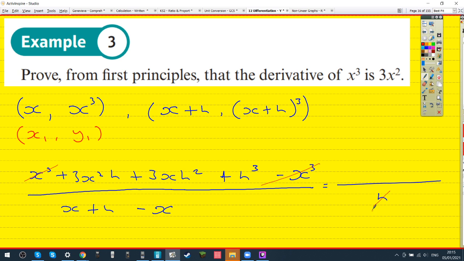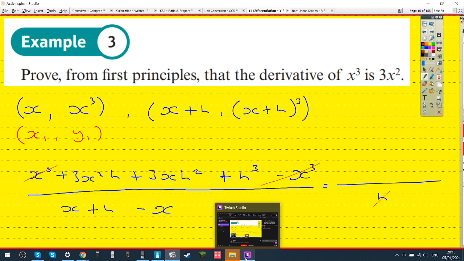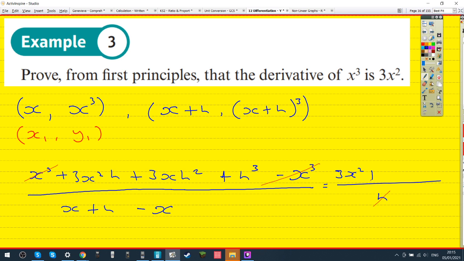So after you divide everything by h, you'd get 3x squared plus 3xh plus h squared. As h tends towards 0, so let's say h becomes 0, what are you left with?